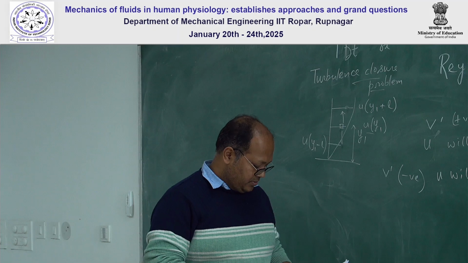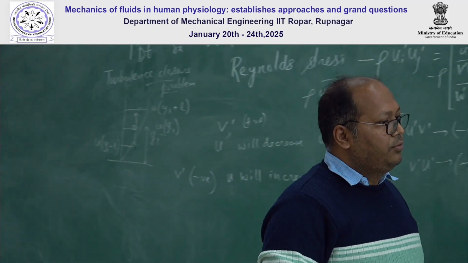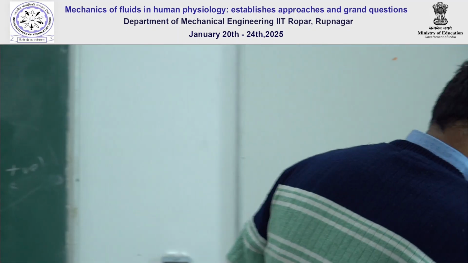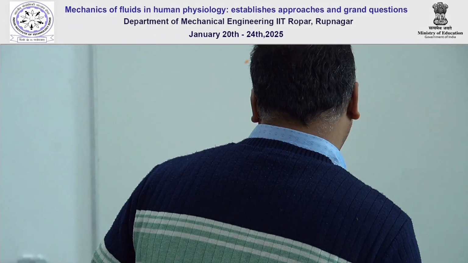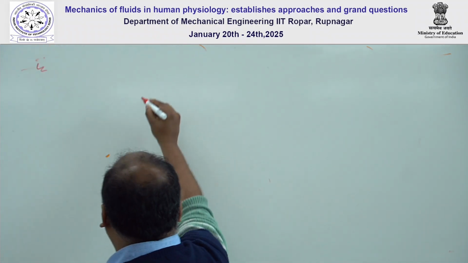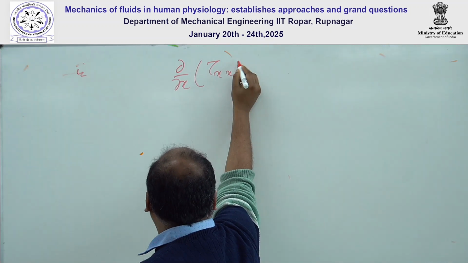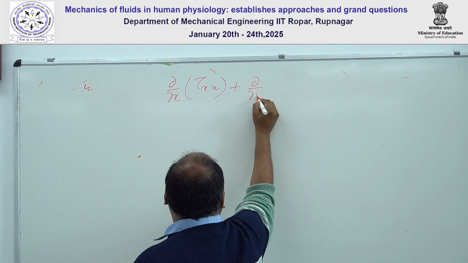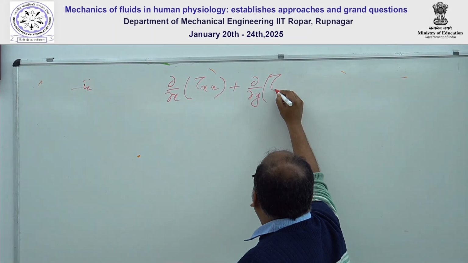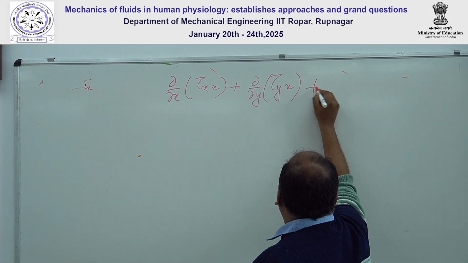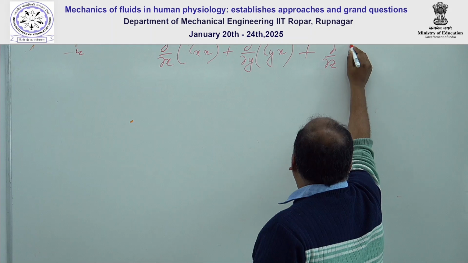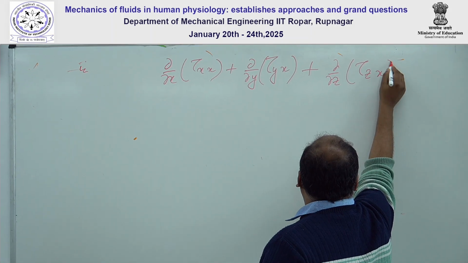Okay. So now earlier, if you remember, we said that ∂/∂x of tau xx plus ∂/∂y of tau yx plus ∂/∂z of tau zx.